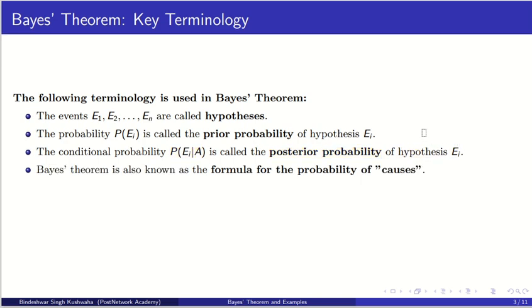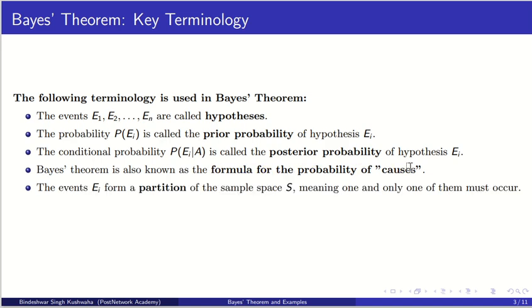Bayes theorem is also known as the formula for the probability of causes, because events Ei form a partition of the sample space, meaning one and only one of them must occur. At least one event must occur.